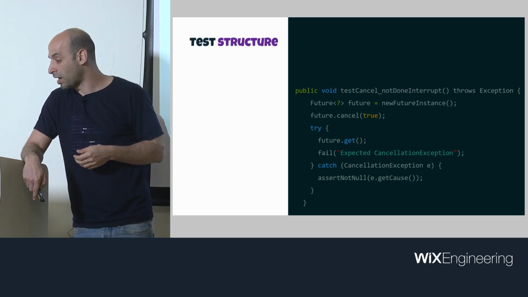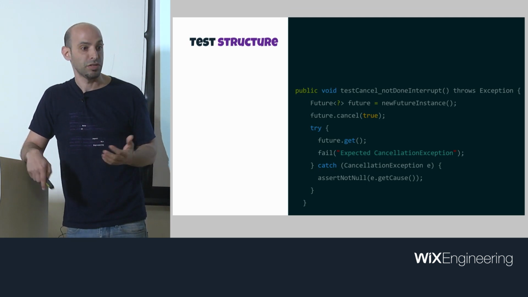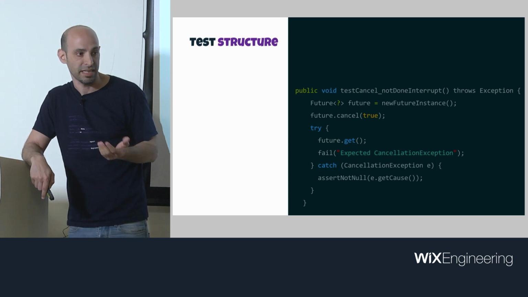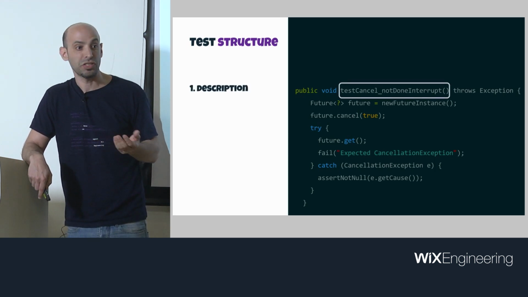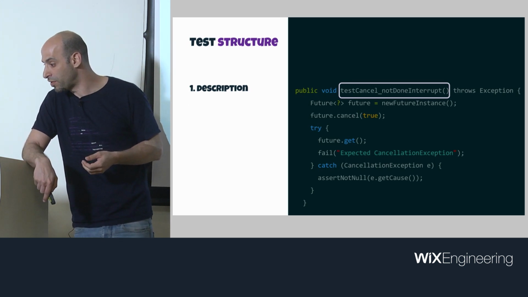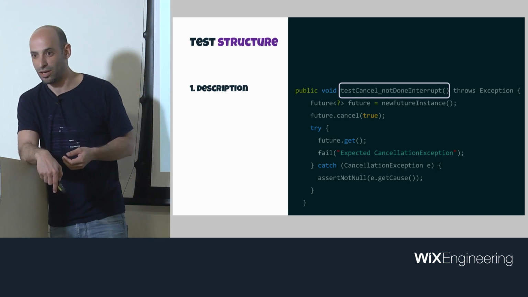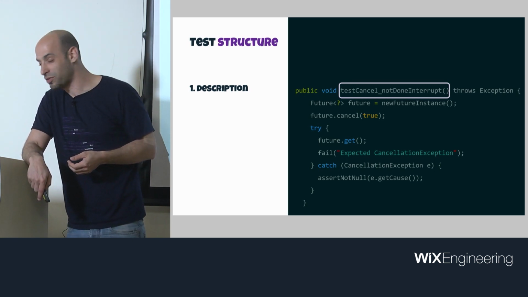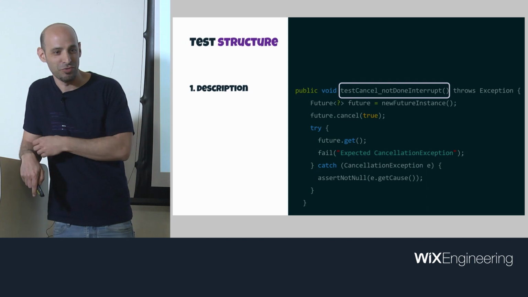But I want to talk about the structure of that test, from what that test is built on. The first thing that you might see is a description. This description is very coherent: test cancel not done interrupt. Everybody can read that.